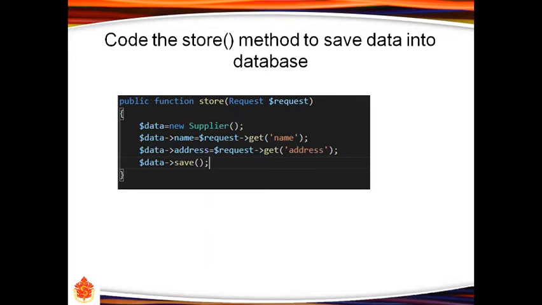Then we will put this for saving data in a model. Data equal to new supplier, and then name taken from the element name. Also this one, address taken from the element name of the text area.